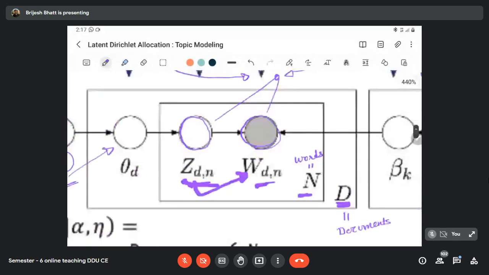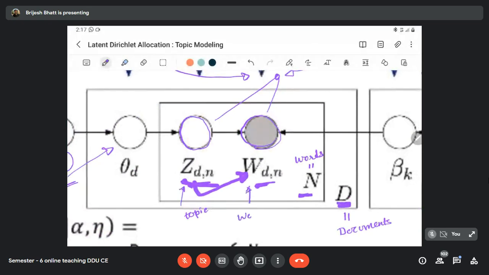So ZD is the topic of the word, and W is the word. So we want to look at the Dth word of nth document.